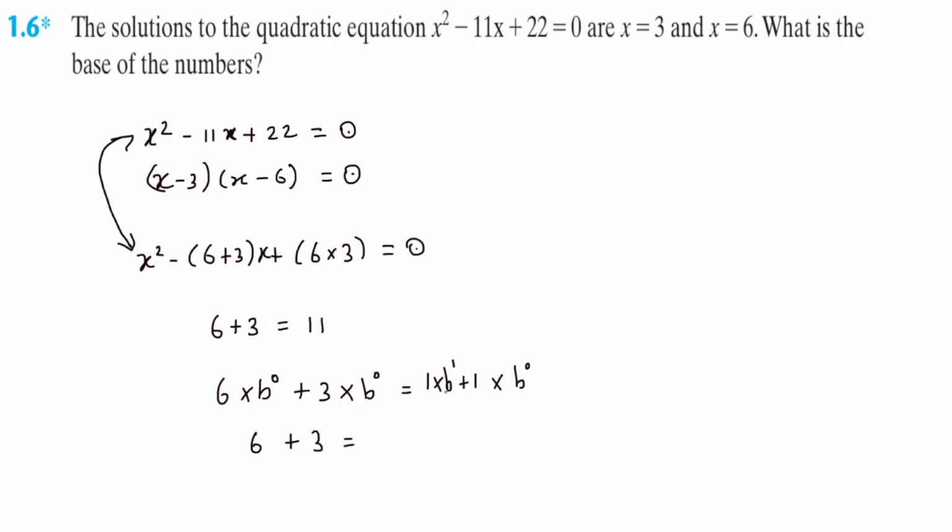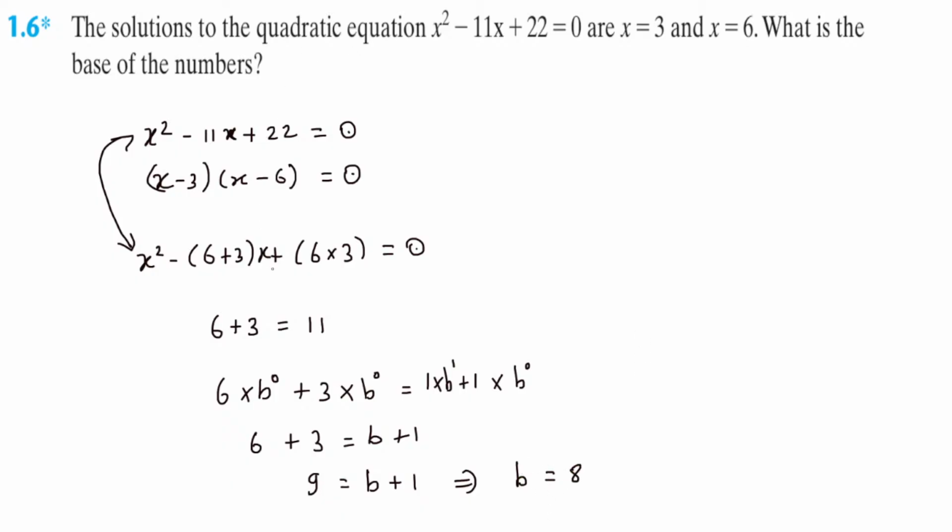Here b to the power 1 remains b, and 1 times b to the power 0 is 1. So this is going to be 6 plus 3, which is 9, and this is b plus 1. If you rearrange this, b equals 9 minus 1, which is 8. So the base is 8.